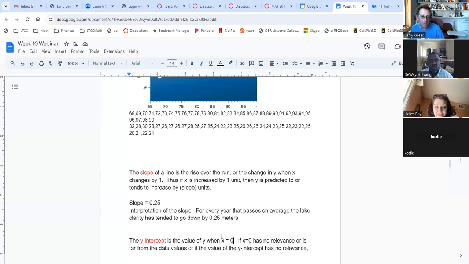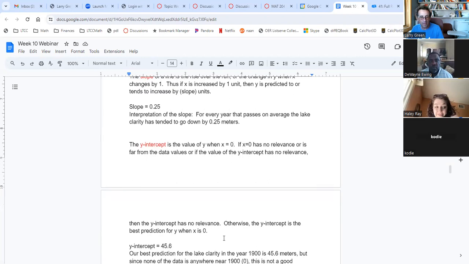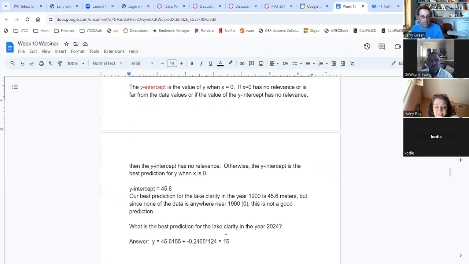But in the example we just did, and the age and driving thing, there's no relevance. So it depends on the situation. You can kind of say the best prediction for lake clarity in the year 1900 is 45.6 meters, but it's too far from the data to really make a good prediction.